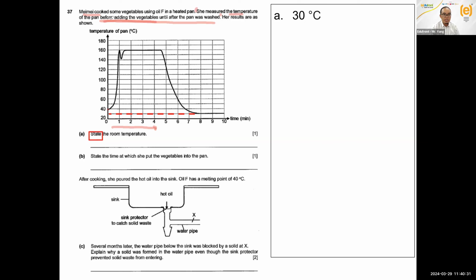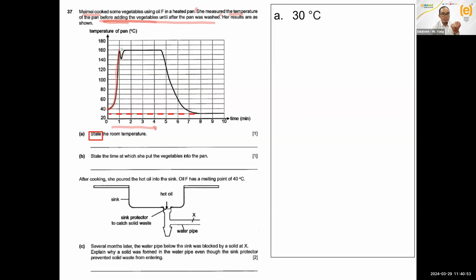Because they say that she measured the temperature of the pan before adding the vegetable. Then the temperature rises because the pan is getting heated up, until a peak of 160 degrees Celsius. When the pan reached 160 degrees Celsius, she added the vegetables.